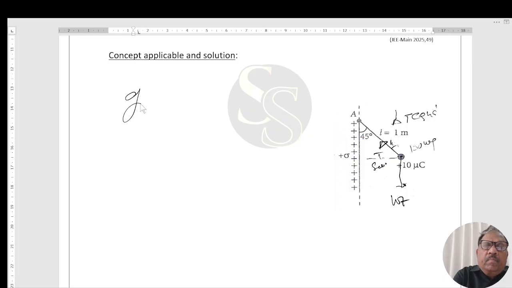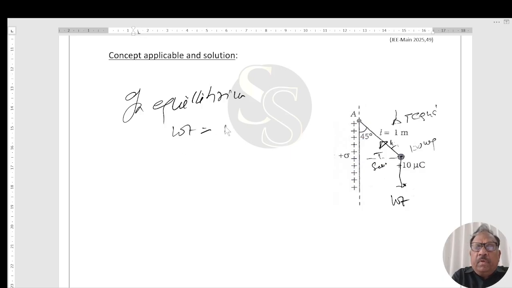In equilibrium, what will happen? Weight will be equal to T cos 45, and this is equation 1, and force of repulsion Q into E equal to T sin 45, equation 2.